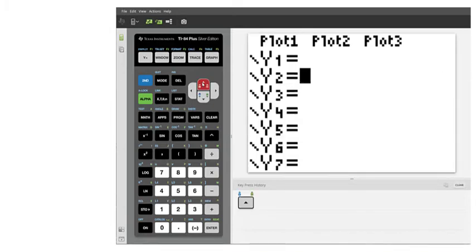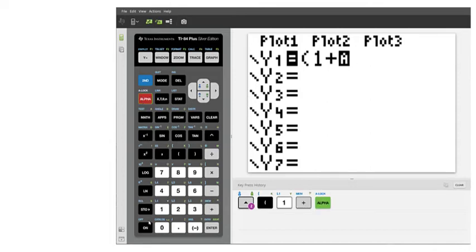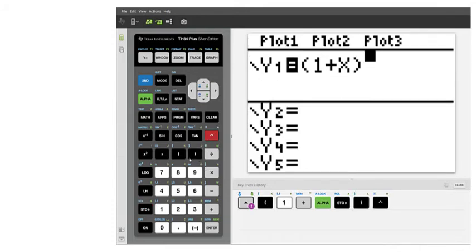I'm going to start up here with y1 and use that for my original function, which is 1 plus x, close the parentheses, and we're going to raise that to the 1/3 power.